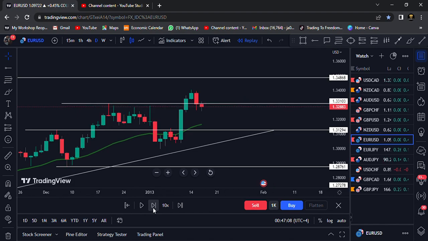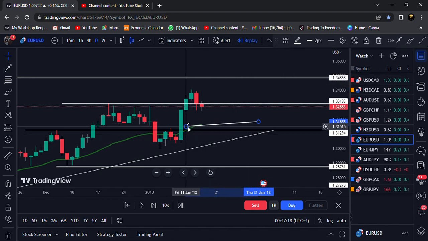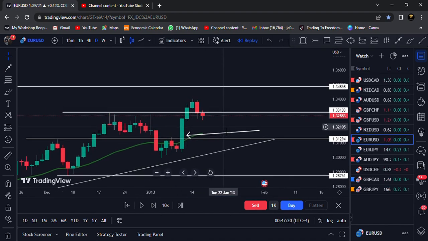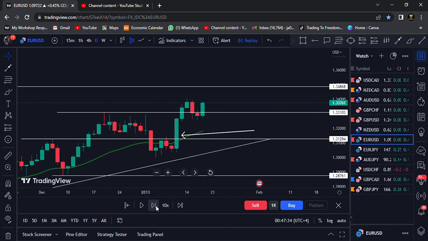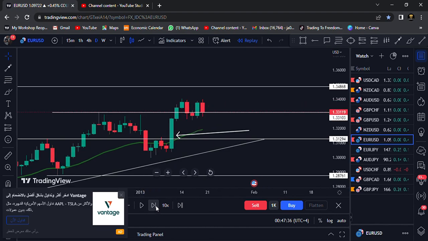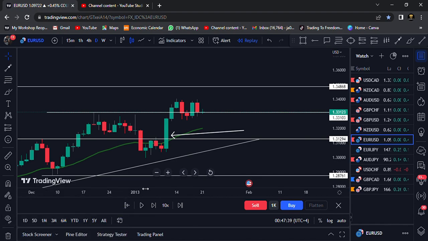So what we are looking for now, this is when we consider this one. This is a signal, this is a buy signal. Now we're looking for a confirmation. As it broke, it has to come back, retest as it has retested, and gives us a buy confirmation. So right now there is no confirmation, but there is a buy signal. So you see what I was talking about.